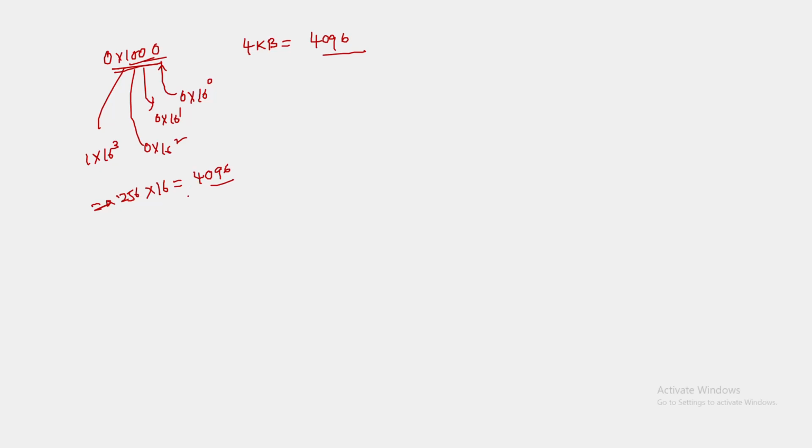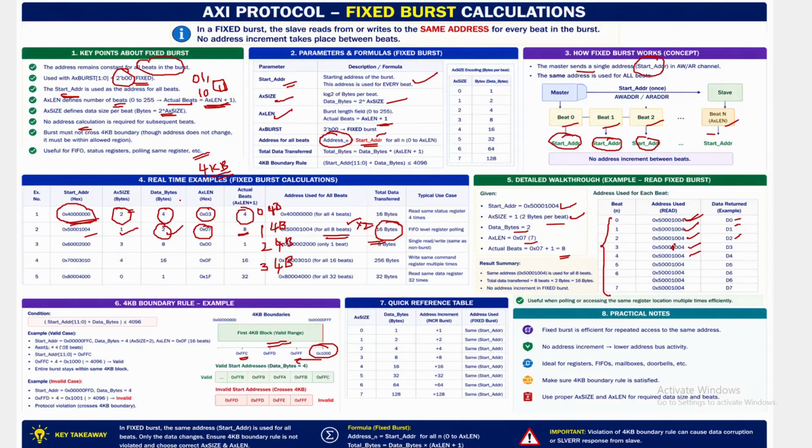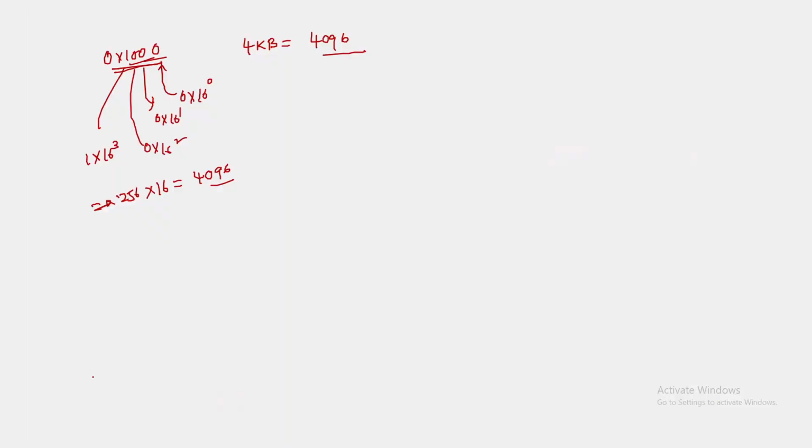If you start with any other address, then it will cross the address size. So that means if you are starting with some 1001, fixed burst is not obeyed here, because you are crossing that 4 KB boundary. This 4 KB boundary is not allowed. Crossing the 4 KB boundary is not allowed in the fixed burst.